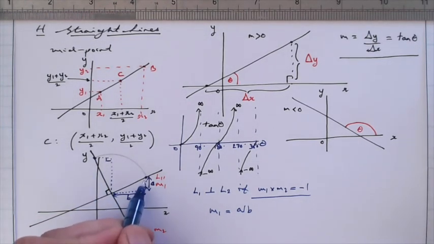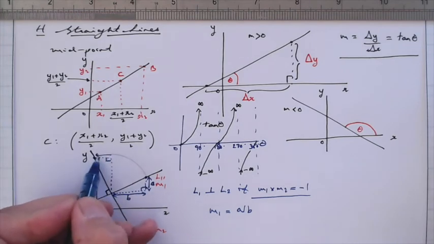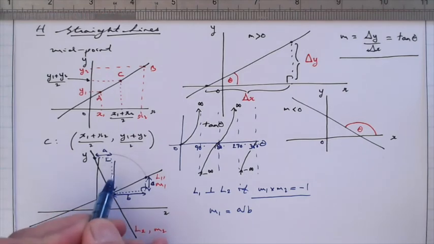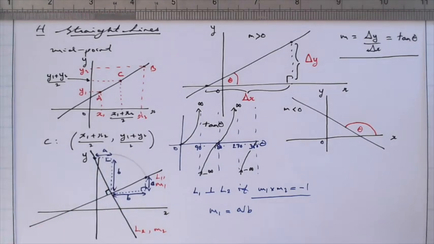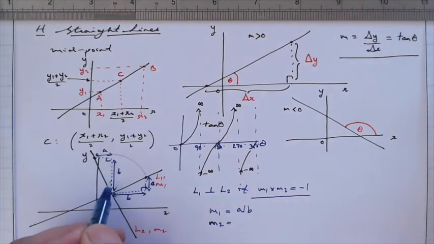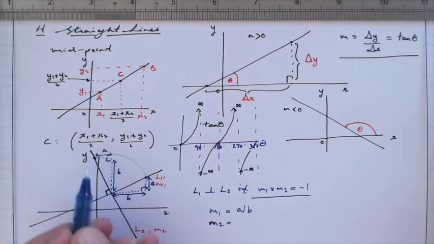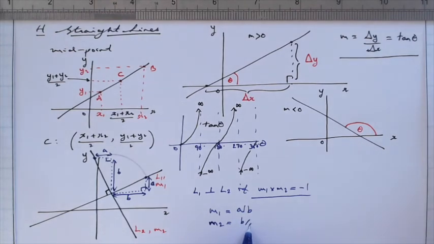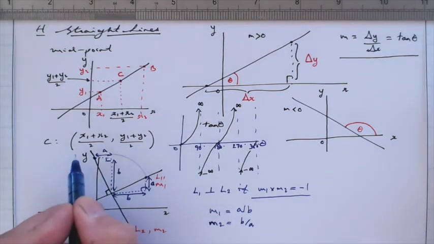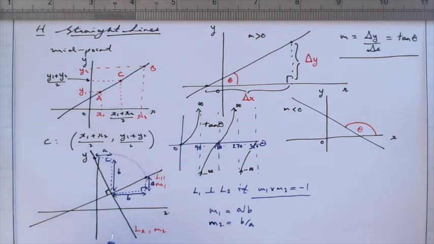Now we know this length is A, and we know this length is B. And now do you see that we can read off the slope of line L2? M2 would be the difference in y, which is B divided by A. But I'm just writing A and B as distances here, and of course from this sketch we see that line L2 has a negative slope, so I must put a minus there.